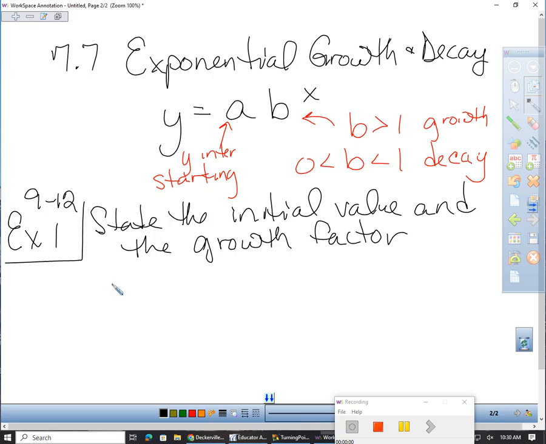All right, so y equals 3 times 2 to the x. All you have to do is say a equals 3 and b equals 2.